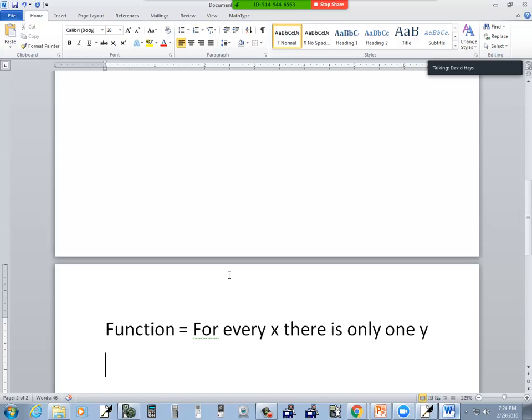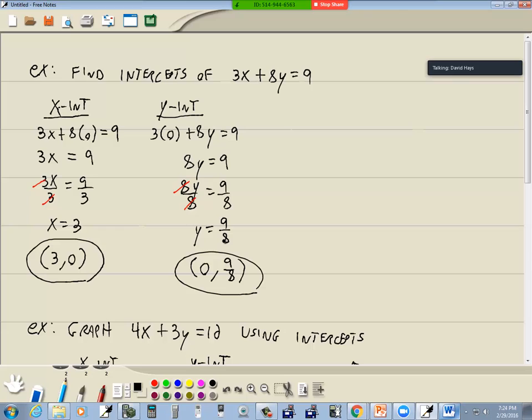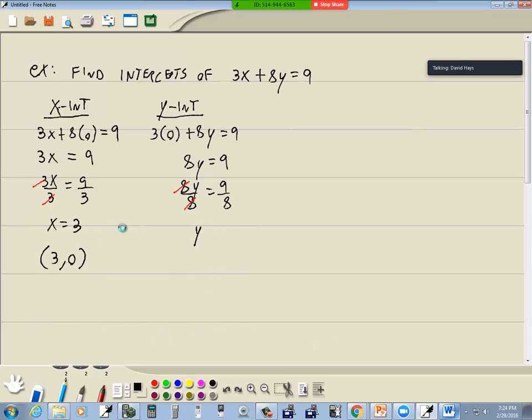Now, this is a very hard definition to use unless you're dealing with points. So let's look at some examples. I'm going to give you a shorter or easier definition that will shorten problems down.